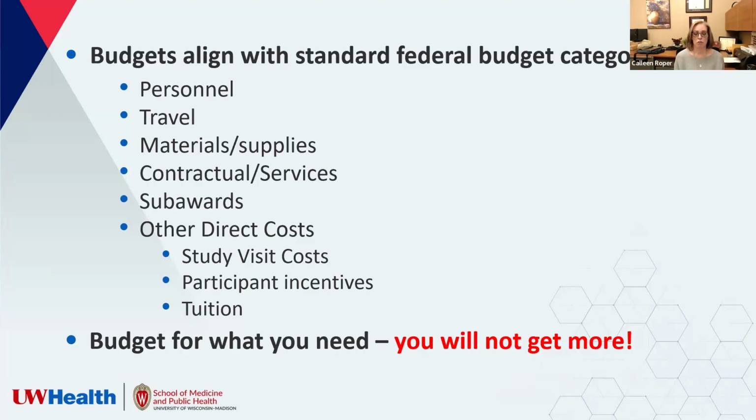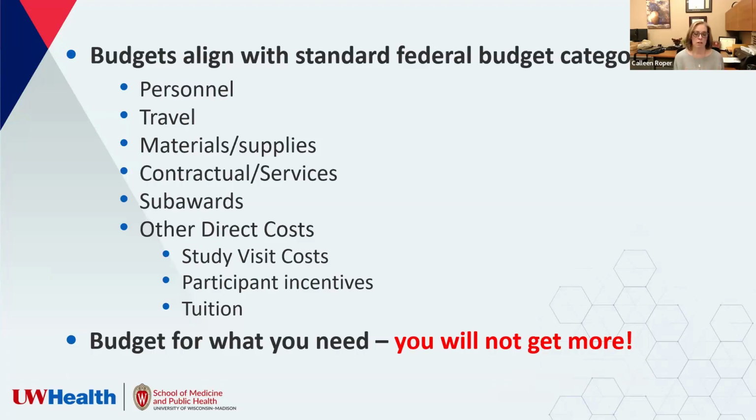If you have contractual or service agreements for consultants or animals, or software licensing, that would go through this. Subawards are for when you're working with collaborators at other institutions and you want to give them part of the money out of your research.